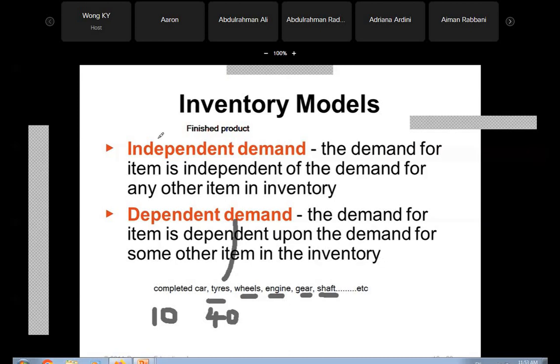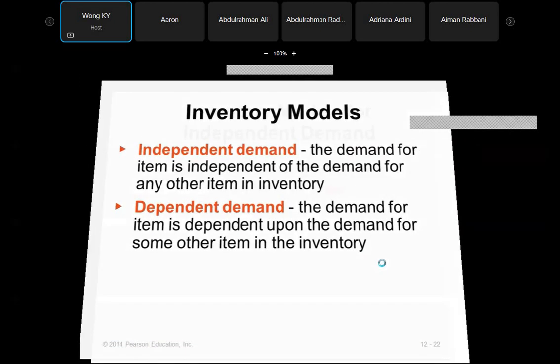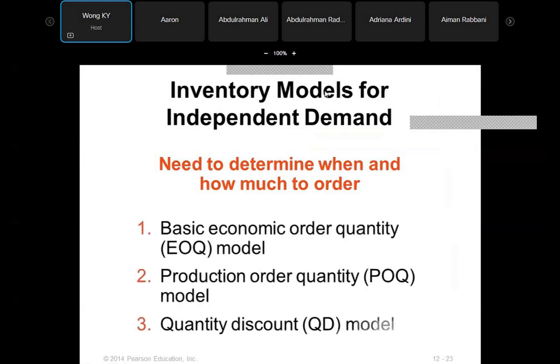So now the reason I explain this to you is because later when you study the inventory models, the inventory models are only workable for independent demand. Later you will study 3 models: EOQ model, POQ model, QD model, and a few more.